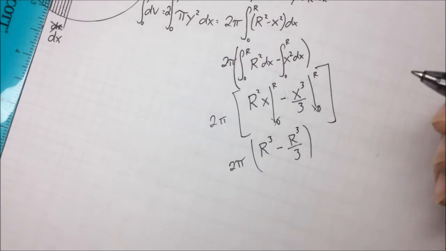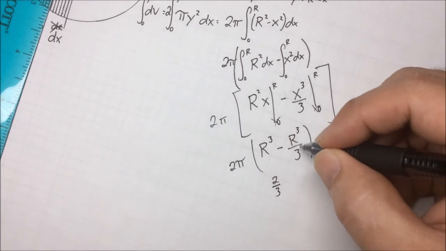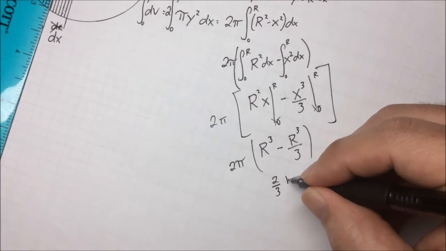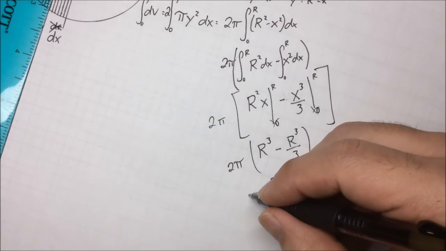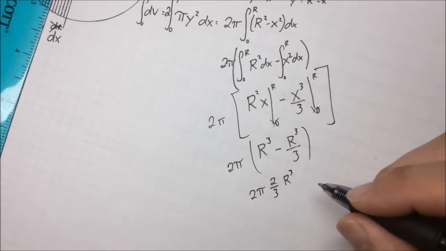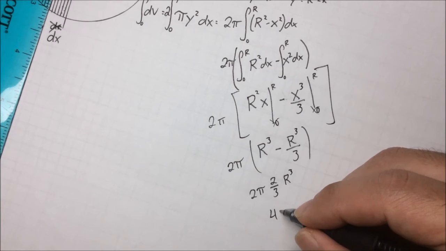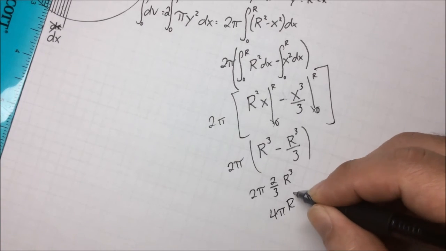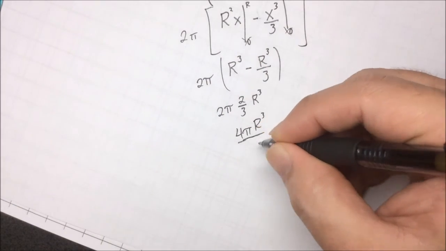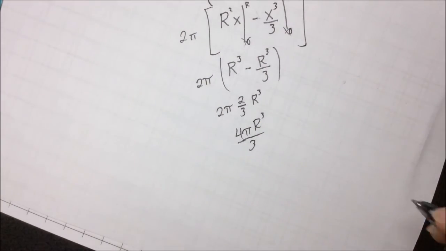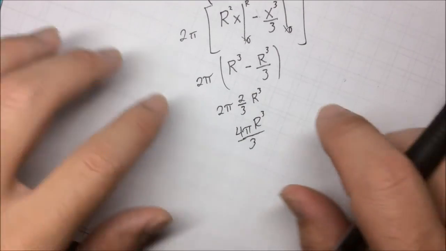That's going to give us 2/3 r cubed, because we have 3 over 3 minus 1 over 3, 2 over 3, r cubed. And then we have this 2 pi on the outside, right? Well, 2 times 2 is going to give us 4. Pi's there. We got the r, we got it cubed, and we're going to go ahead and divide that by 3. Solid line that, there you go. So this, hopefully, is the volume of a sphere.